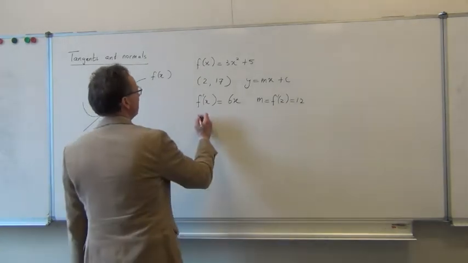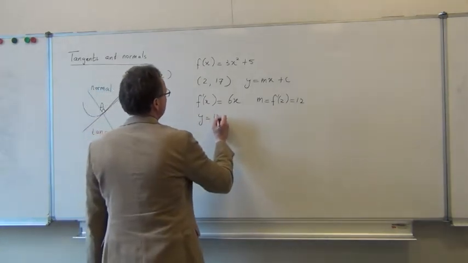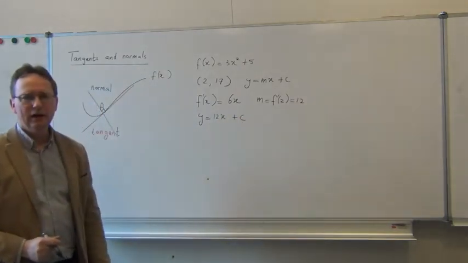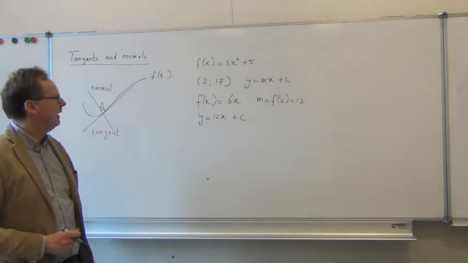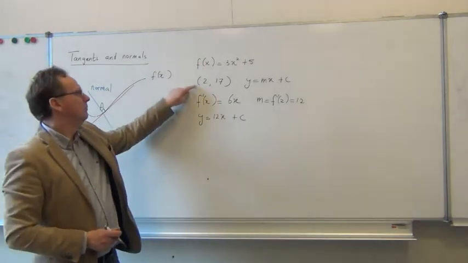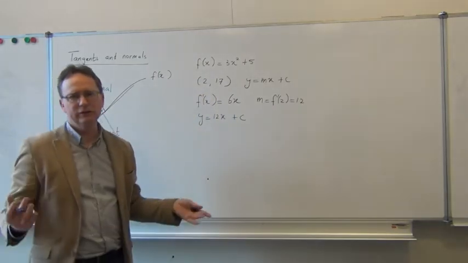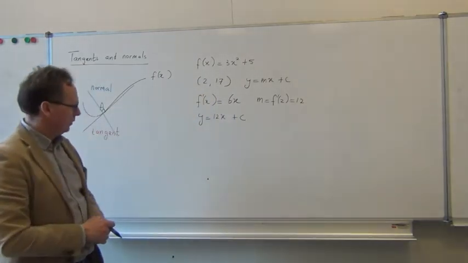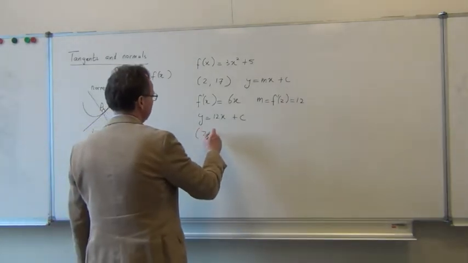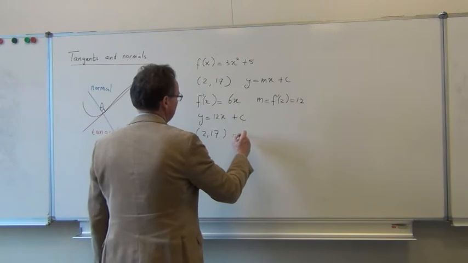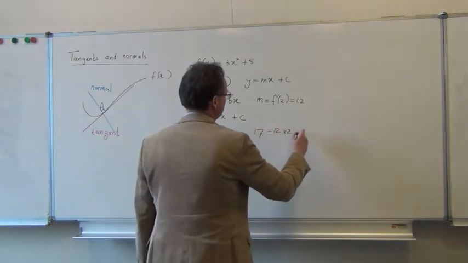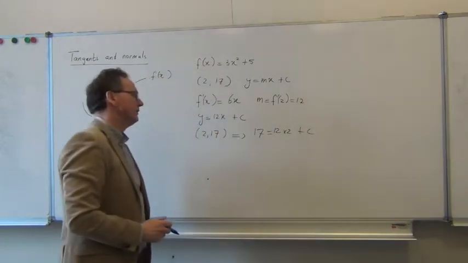So then we can write out y is 12x plus c to be the equation of the tangent line, and then the c can be found by filling in the point (2, 17). Because if you know the coordinates of a point, you can always find the y-intercept. So if you fill in these values, for 17 we find 12 times 2 plus c.